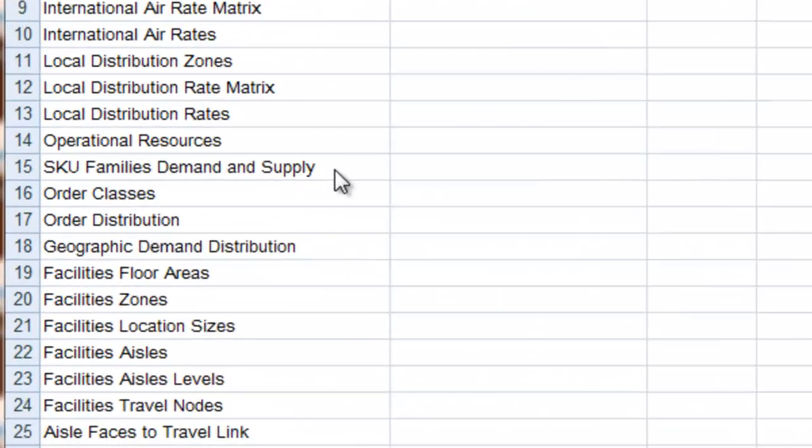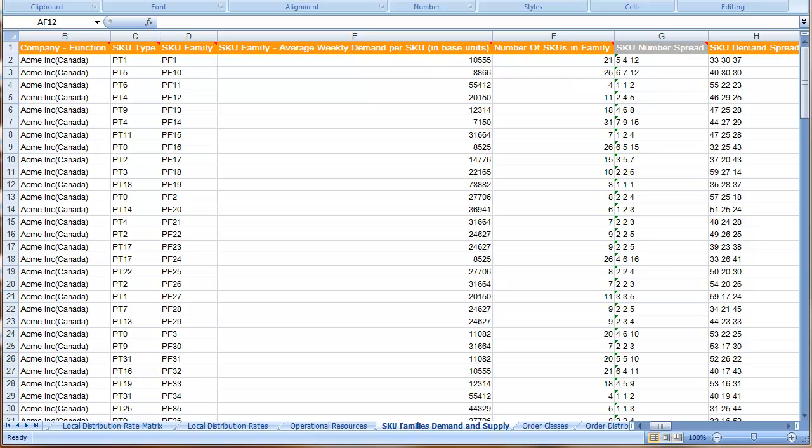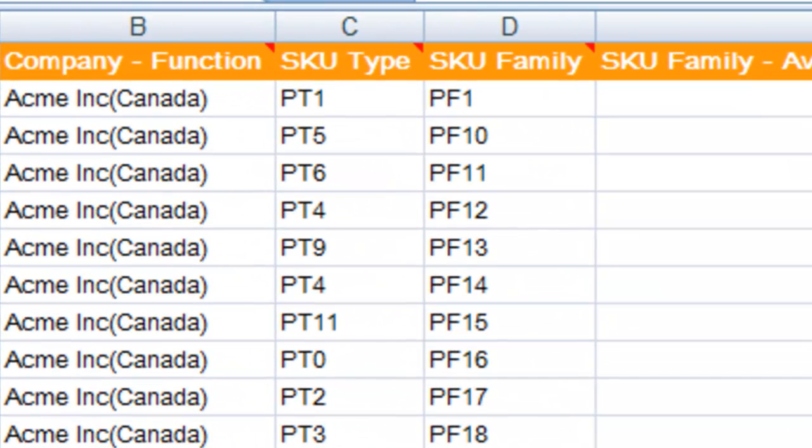Next, we discuss the SKU family's demand and supply gene. The SKU family's demand and supply gene represents the discrete SKUs that flow through the network, the node stocking relationships, and the points of supply. SKU type represents product portfolio or product line and groups SKU families.